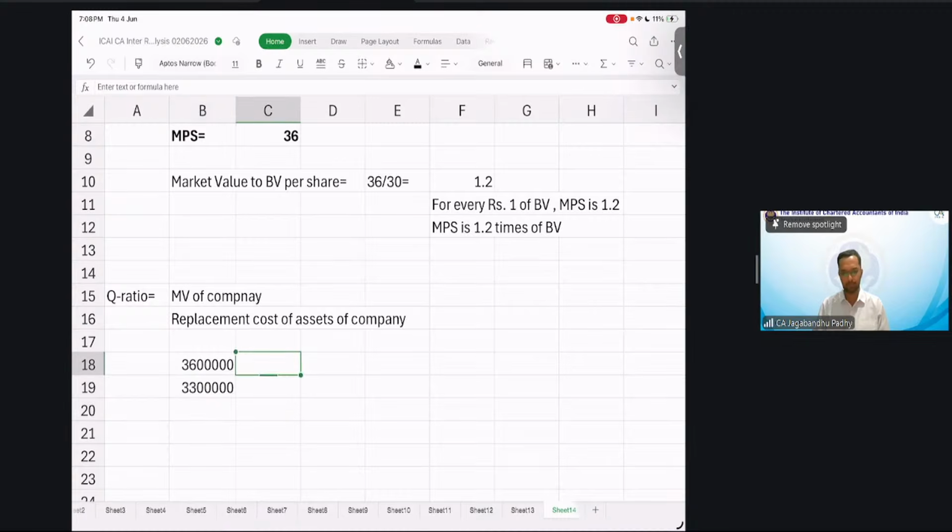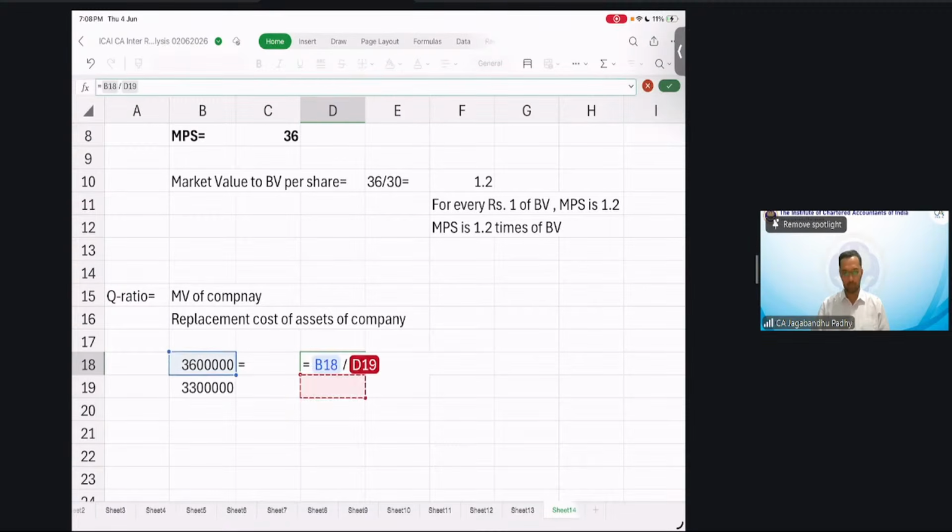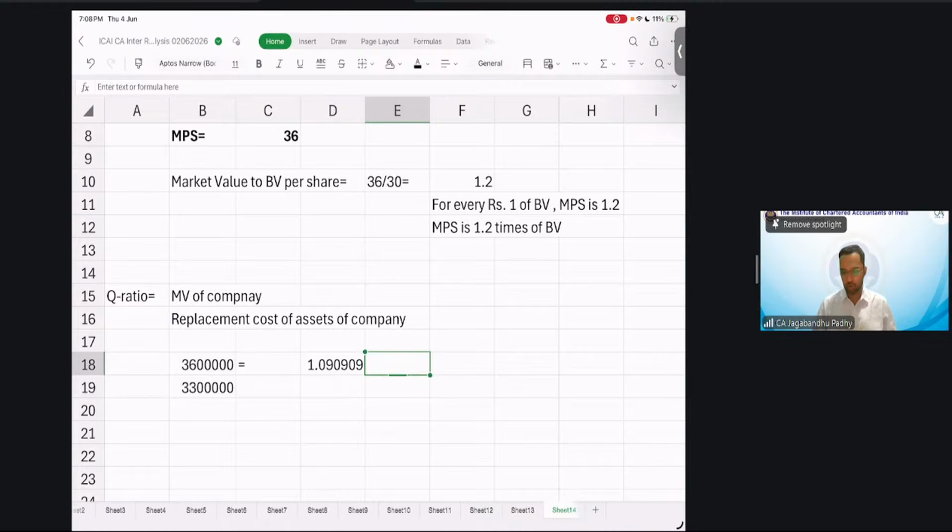Just an example. So we get this number as 1.09. So this simply means 1.0909, that's going to be this particular number, which is 36 lakh upon 33 lakh. So 36 lakh divided by 33 lakh.